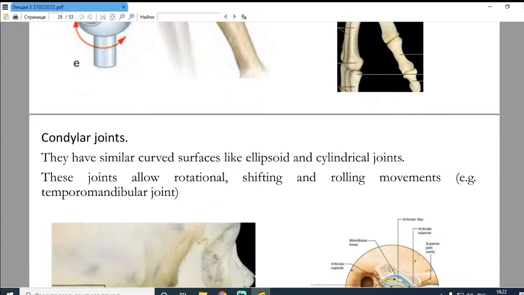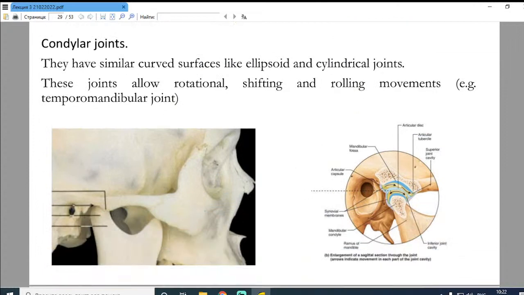Next, condylar joint. They have similar curved surfaces like ellipsoid and cylindrical joints. These joints allow rotational, shifting and rolling movements.